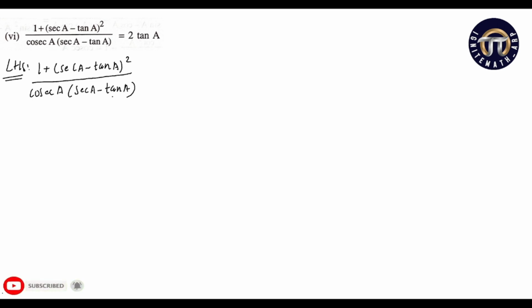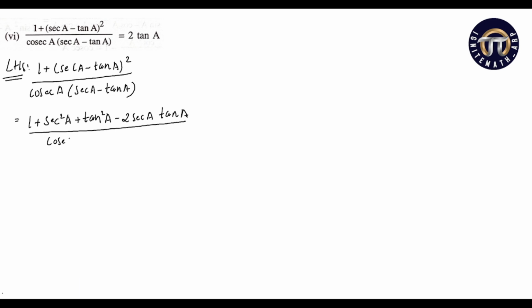So what I will write over here, children? I'll keep the denominator as it is, and here I'll expand this using the a minus b the whole square formula. So secant square a plus tan square a minus 2 sec a tan a divided by cosec a into sec a minus tan a, right?